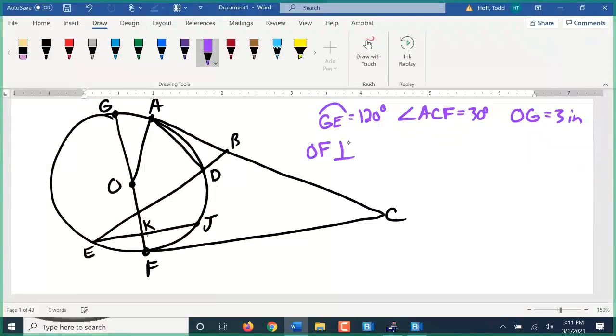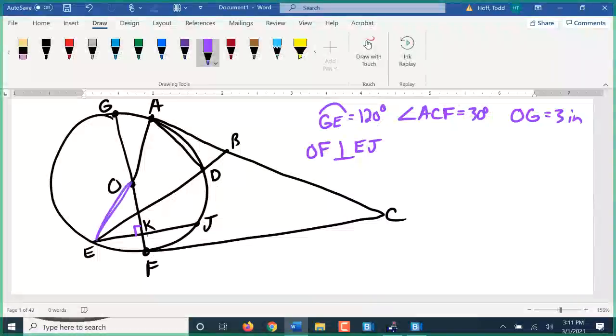This upside down T is telling us that it's perpendicular, so OF is perpendicular to A. Now, look at that, OF, EJ. EJ is a chord, OF is a radius of the circle. If they're perpendicular, that's a right angle. Remember, that tells us that it also splits EJ, it splits the chord into two equal pieces.